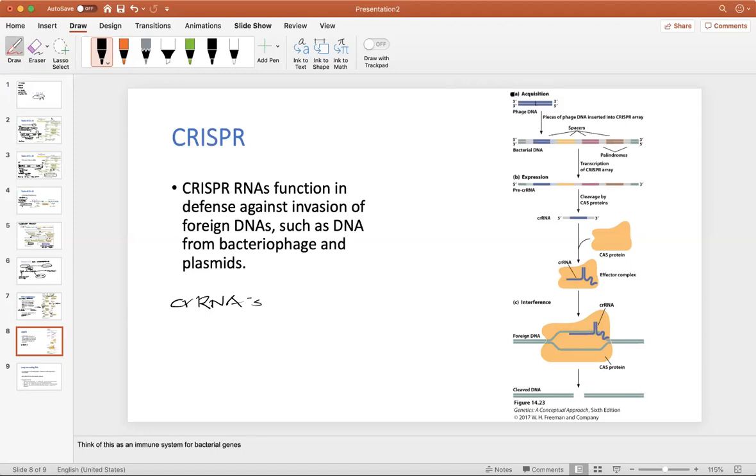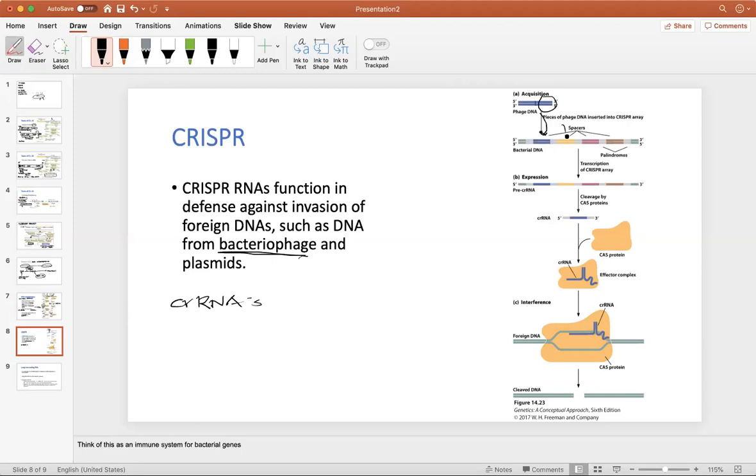So you guys know that viruses work by injecting their genetic material into target cells. So bacteriophages are viruses that specialize in infecting bacteria. So you get some phage DNA in here, and basically what's going to happen is the bacteria is going to take a little section of this phage DNA and tuck it into its own DNA.